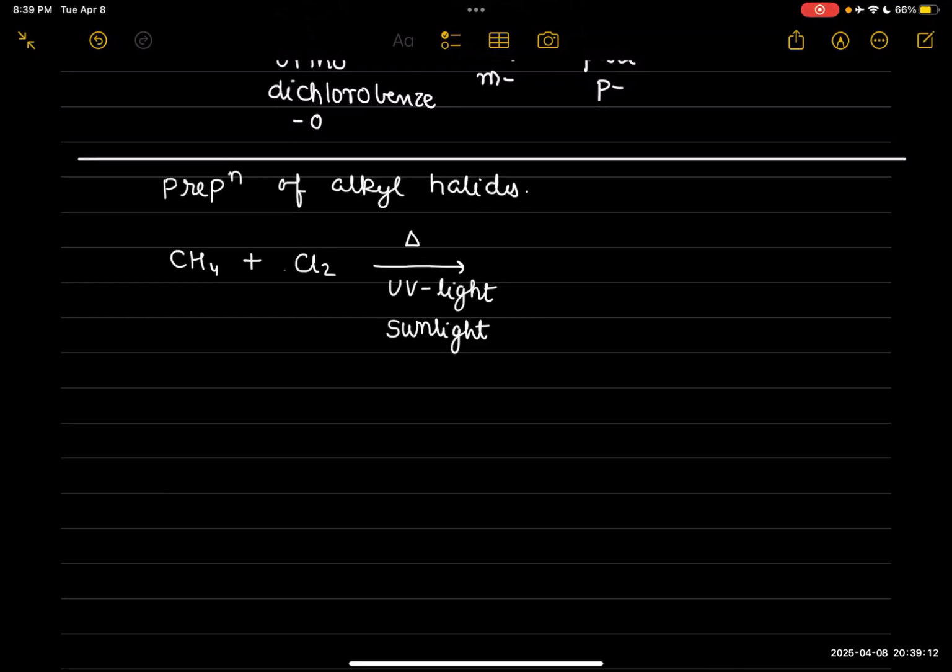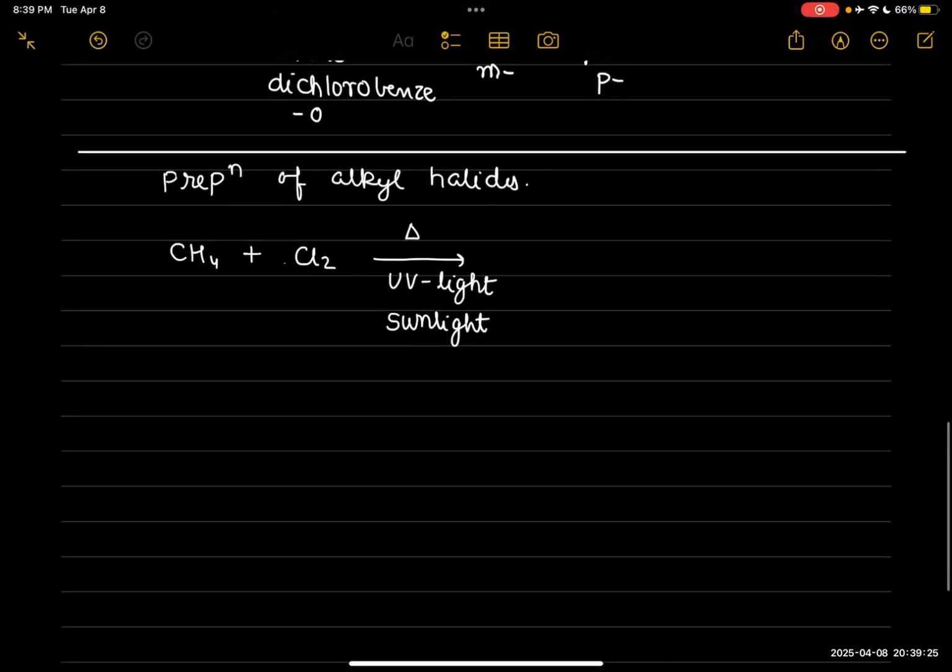Either you can heat, or use light, because it is easier for us to give the light, UV light or sunlight. If you keep the reaction mixture in sunlight, that has some UV light component which is more energetic, and that can help in breaking the bonds and carrying out the reaction.